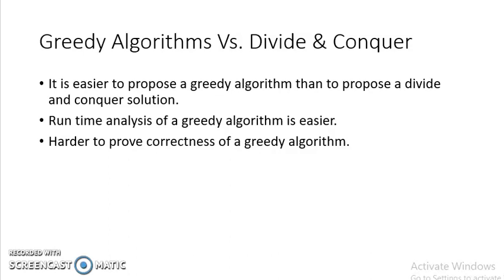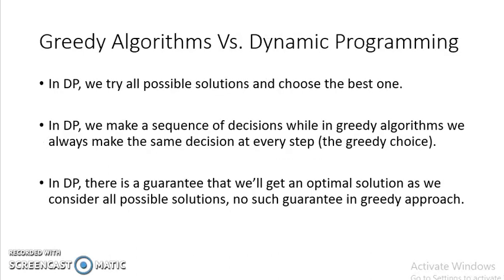But there is a catch. It's harder to prove the correctness of a greedy algorithm. So it takes more effort to come up with a divide and conquer algorithm, but it is usually correct. On the other hand, you can come up with multiple greedy algorithms for a problem, but most of them would not be correct.